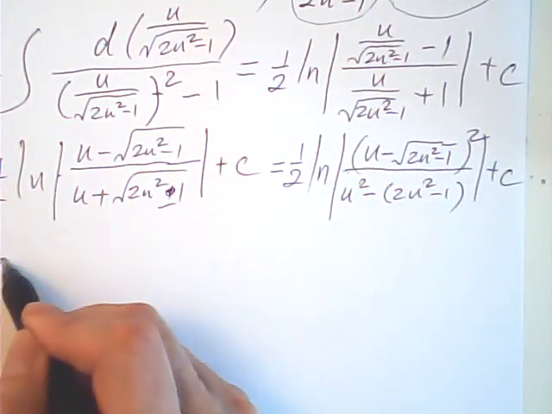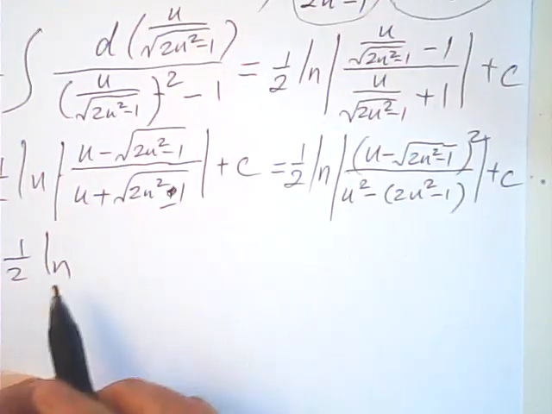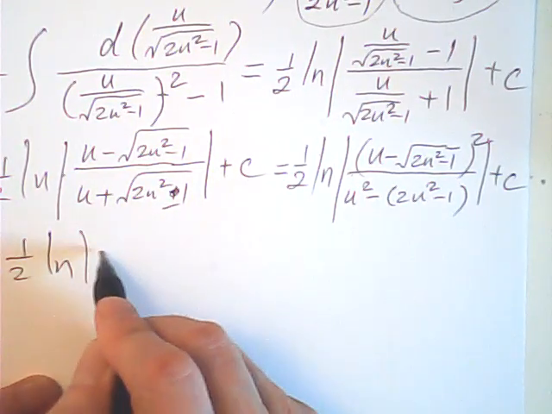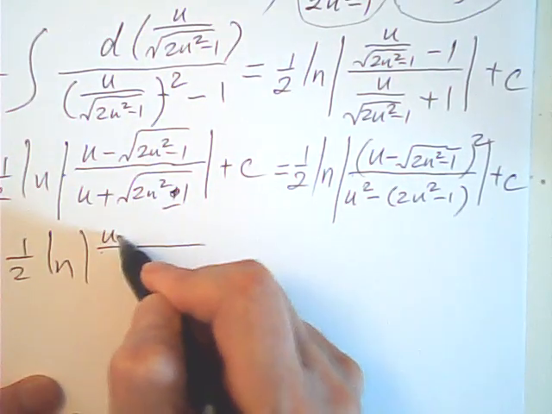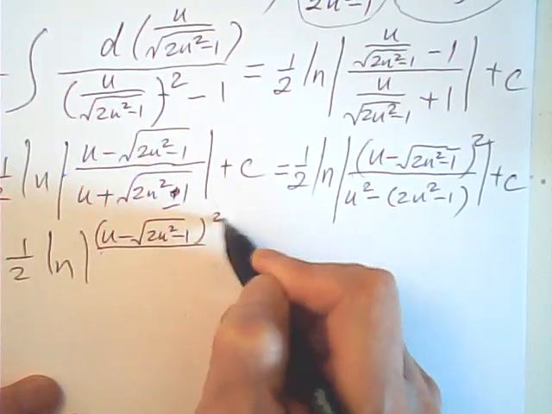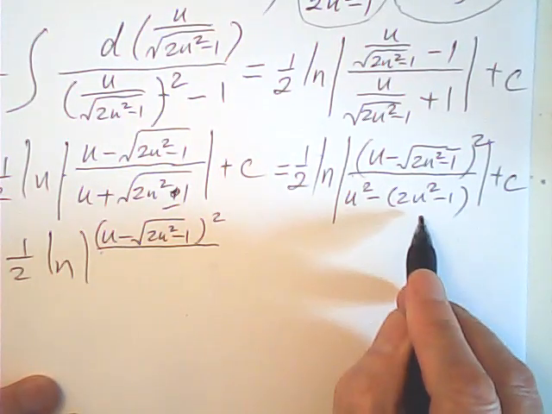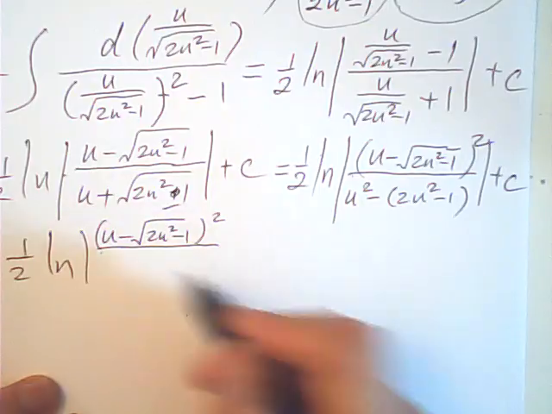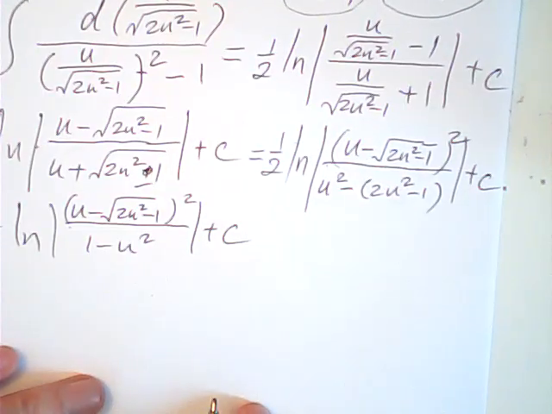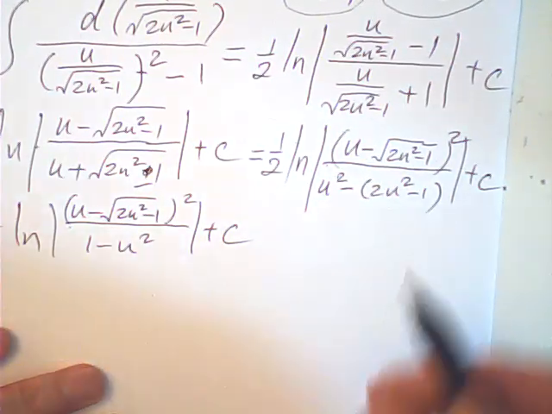So this equals 1/2 log of (u minus the square root of 2u squared minus 1) squared over 1 minus u squared.